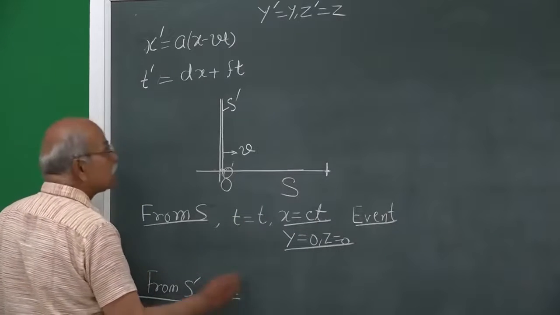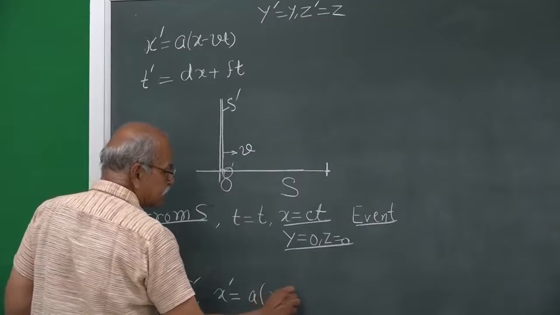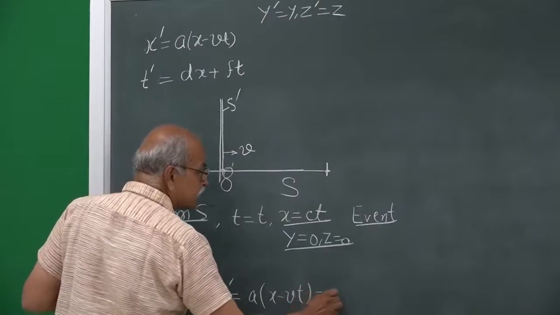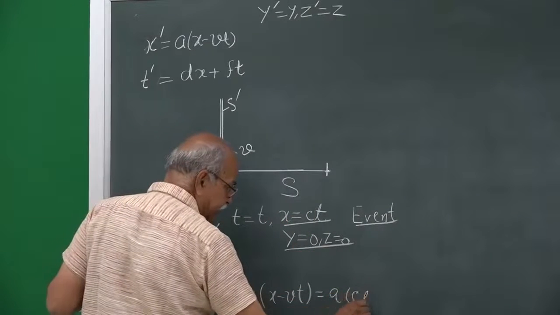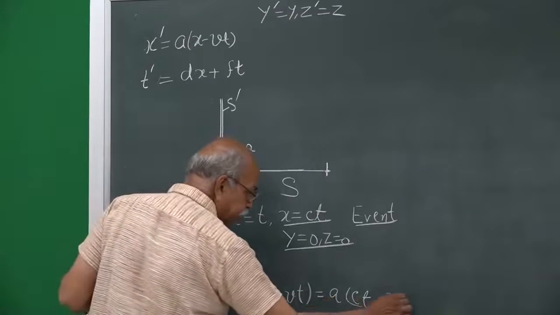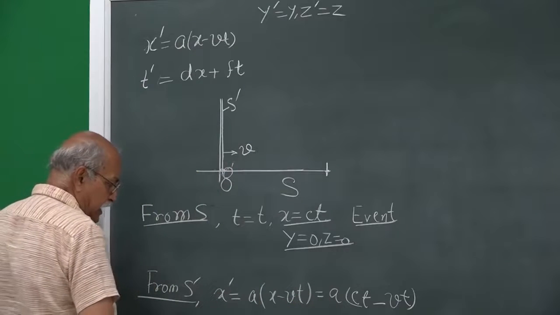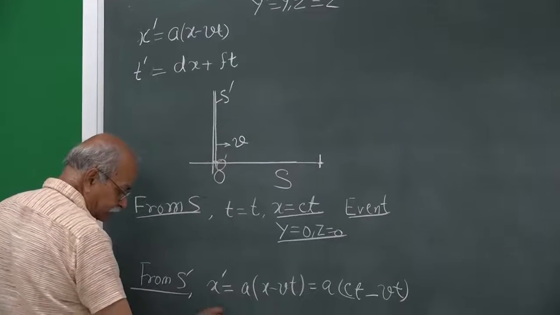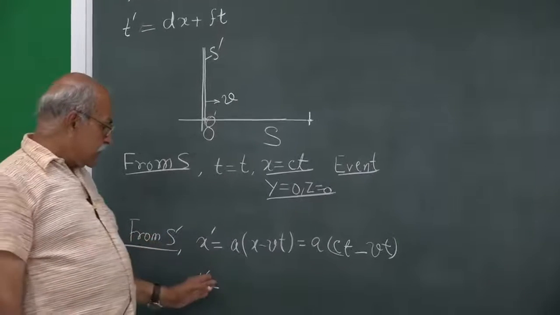So, what is x prime? X prime is equal to a times x minus v t, that is a times, x is c t, so this is c t, then minus v t. And what is t prime? In S prime frame, when did it occur?